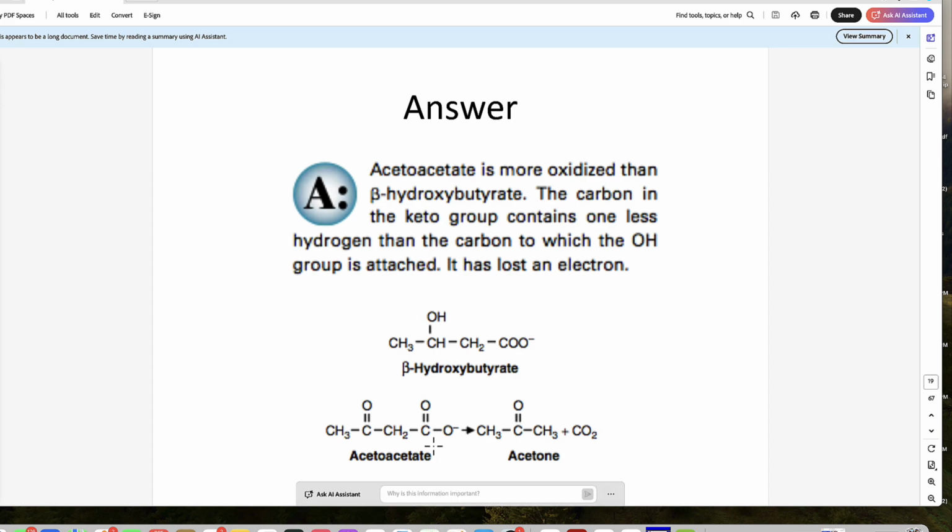Now, remember, when we looked at the term oxidation, okay, it's the gain of an oxygen atom or hydroxyl group. But carbon-carbon double bonds are more oxidized. So when you look at 2 molecules, look at which one has more carbon-carbon double bonds. If it has more carbon-carbon double bonds, it's going to be more oxidized. So because acetoacetate has more double bonds, it's going to be more oxidized than beta hydroxybutyrate.